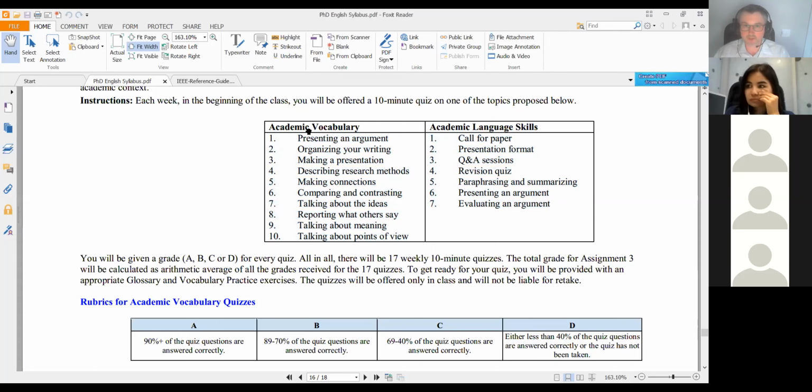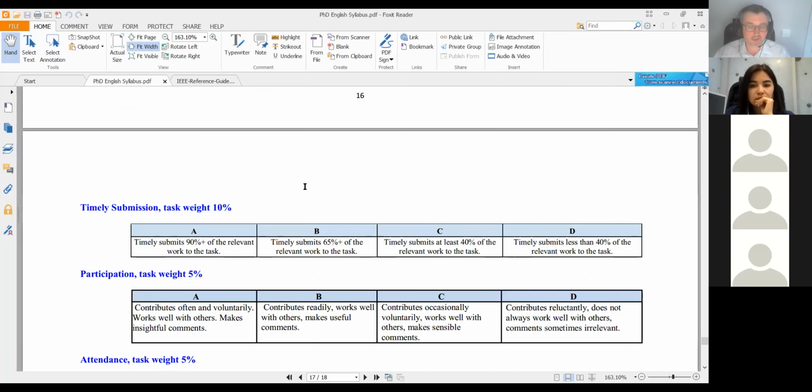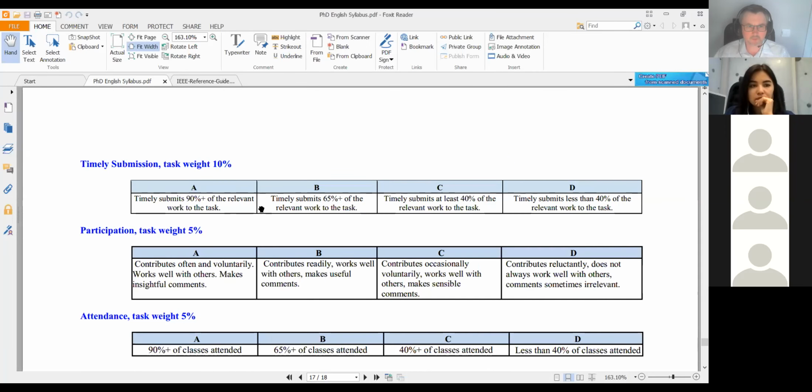One is specifically academic vocabulary, and the second group is kind of broader quizzes. It's language skills, different language that you might need for your academic purposes. Yeah, and there's the description for timely submission, participation, and attendance.